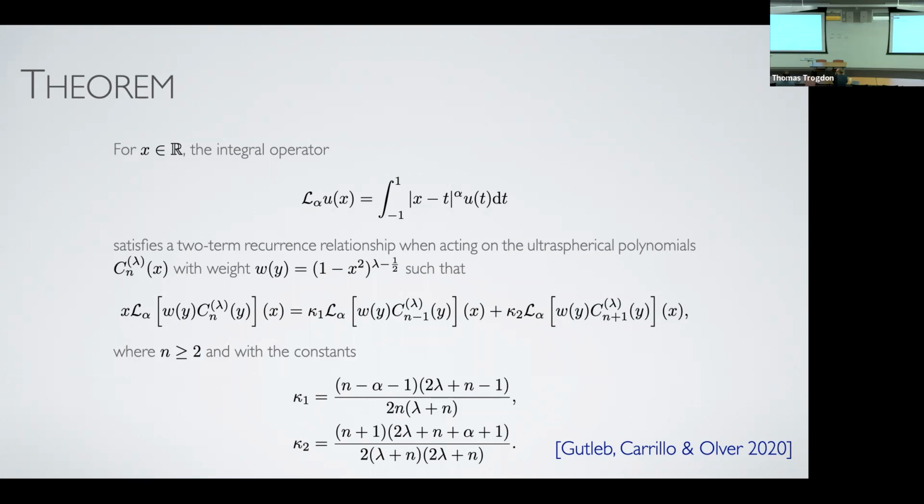The thing is, lambda and alpha can be arbitrary.